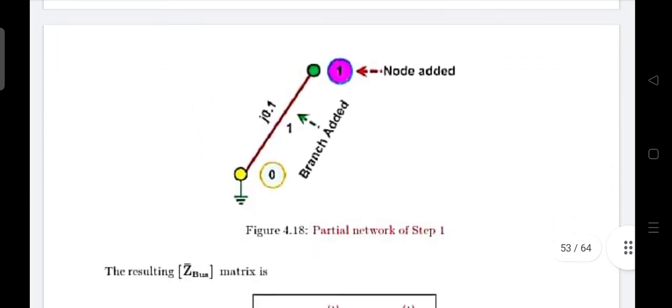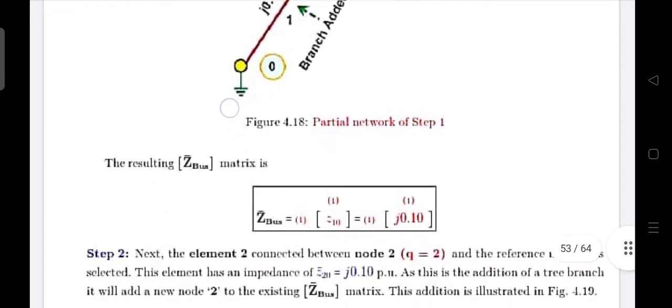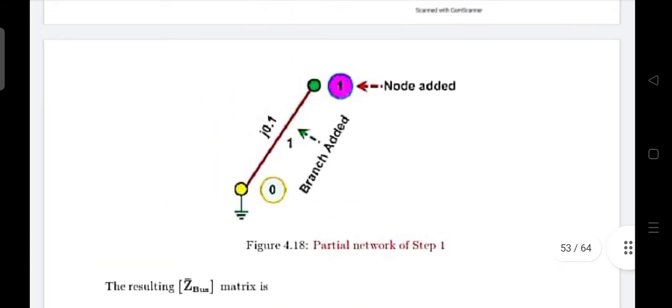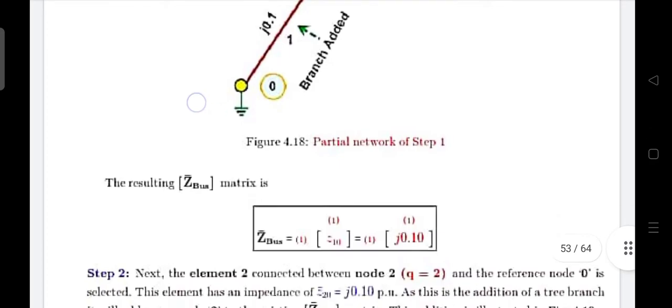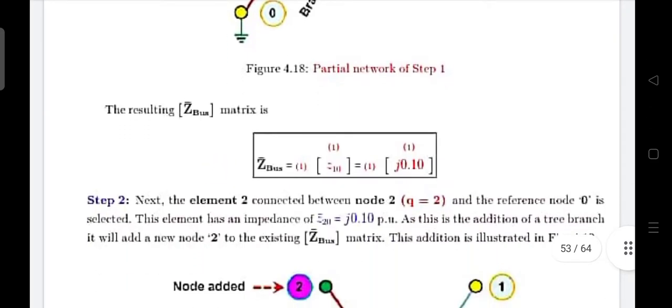We added a new bus to the reference bus, so it is modification 1. As we are only adding one bus, this is our first bus, so the order of our matrix will be 1 cross 1. 1 cross 1 means the same value of this impedance will be our bus matrix.